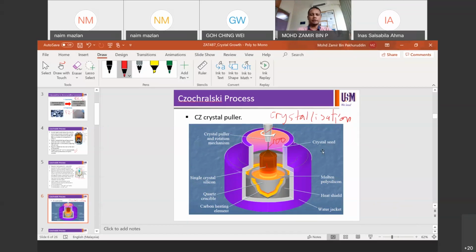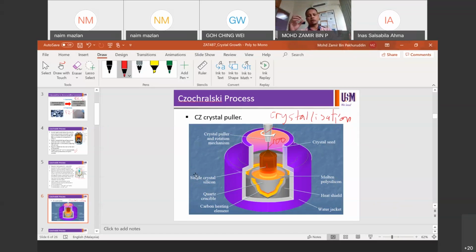So apa crystallization? Crystallization is the process which changes the properties of material from liquid, if you like, or amorphous. Kalau kita assume the liquid melt is amorphous, and then it's going to be cooled down, and then it will crystallize.